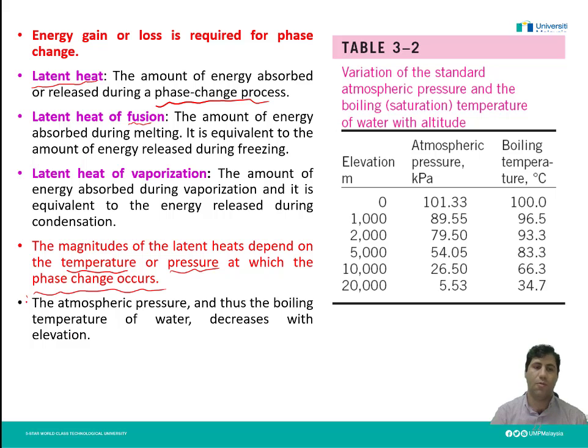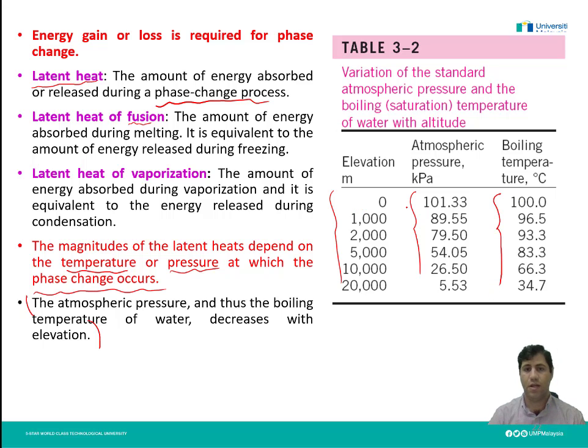This is one of the reasons why at higher elevation the vaporization process starts faster or with less energy. You can see here a relationship between the elevation from the Earth's surface as a reference, the atmospheric pressure at that elevation, and the boiling temperature.